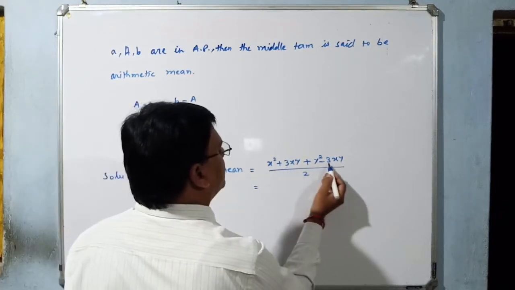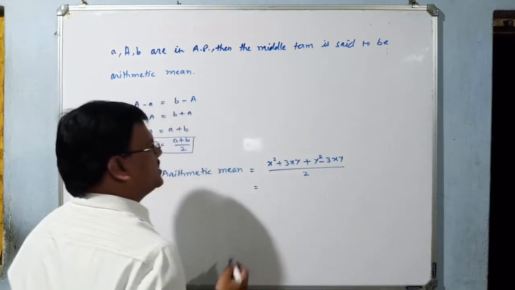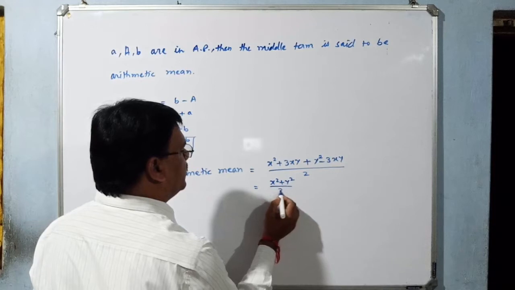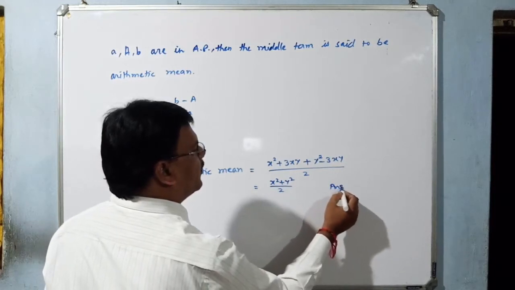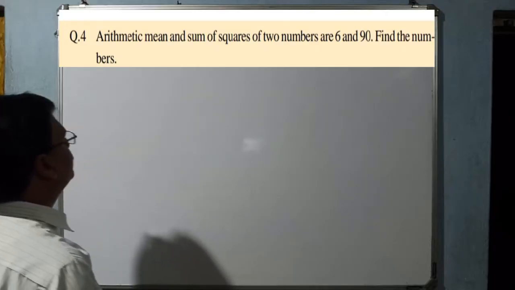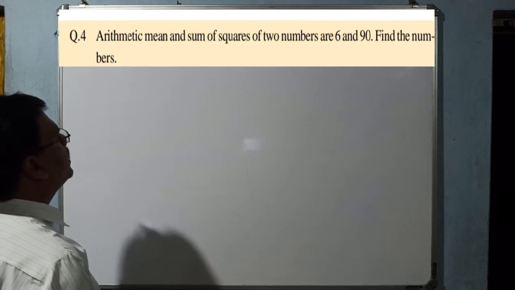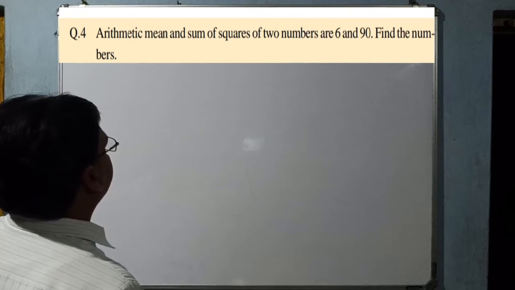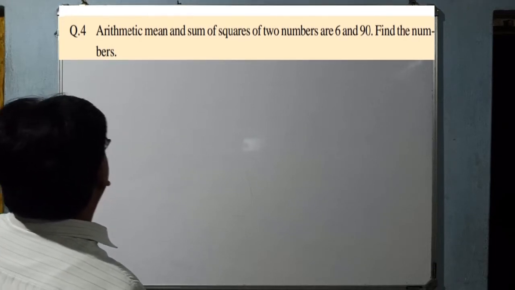Plus 3xy and minus 3xy cancel each other, so x square plus y square upon 2. Answer. Question number 4. The arithmetic mean and sum of squares of two numbers are 6 and 90. Find the numbers.